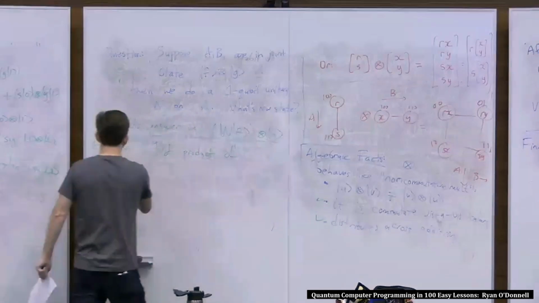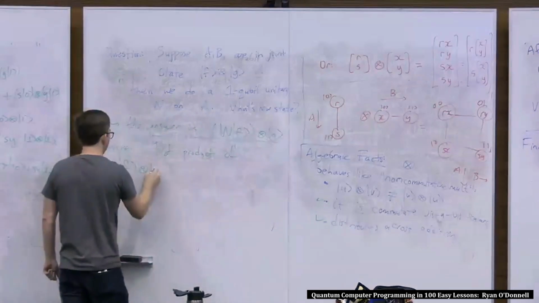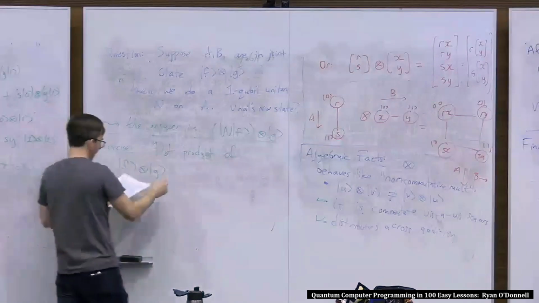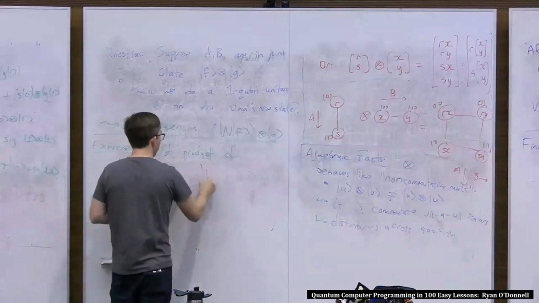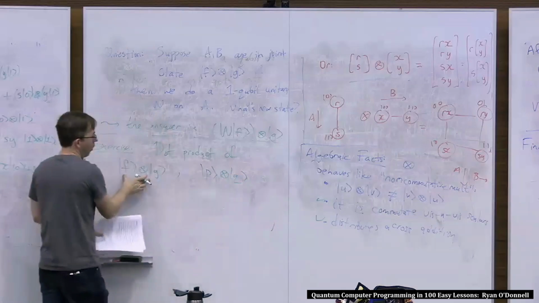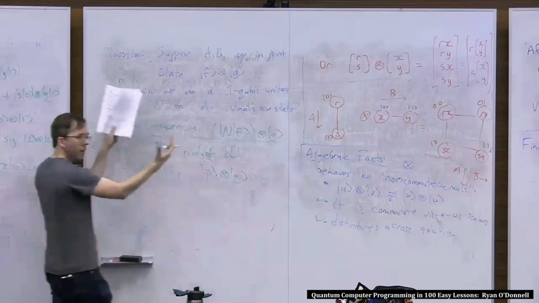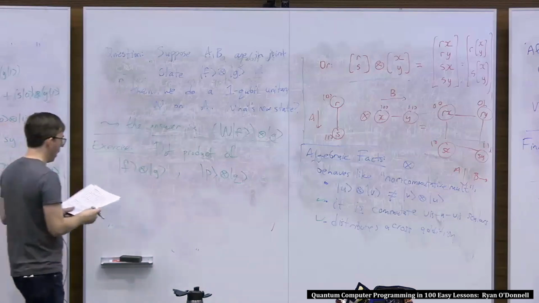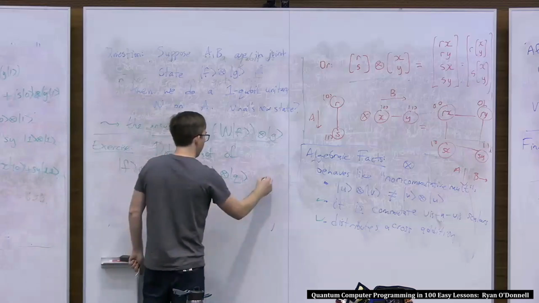So of F tensor G, if these are one qubit states, then this is a 2 qubit state, and P tensor Q. So again, this is a 4D vector, and this is a 4D vector, and now we're doing the dot product of them. We know how to do the dot product of 4D vectors, but there's a formula for it.